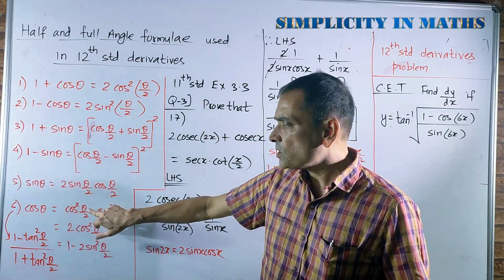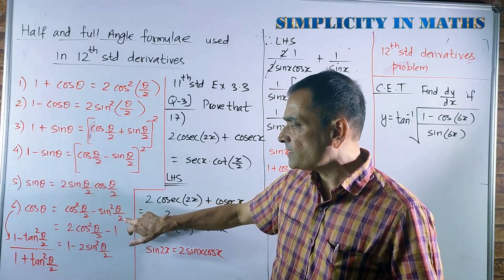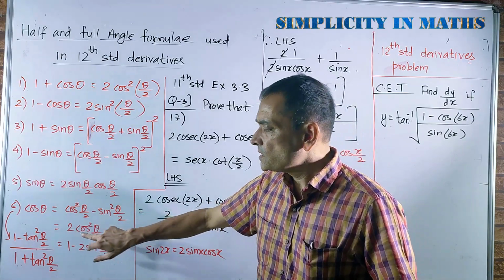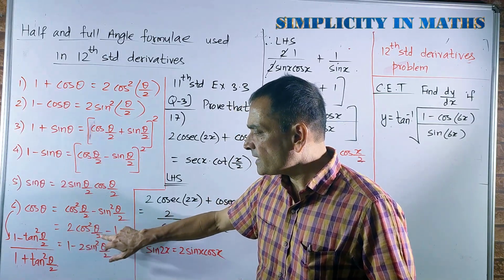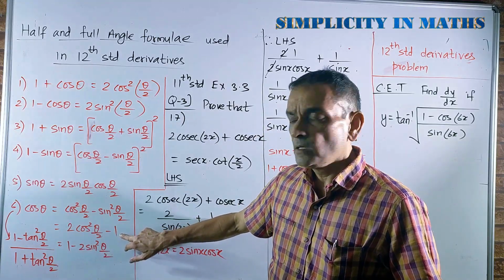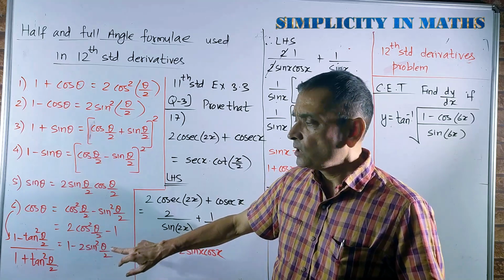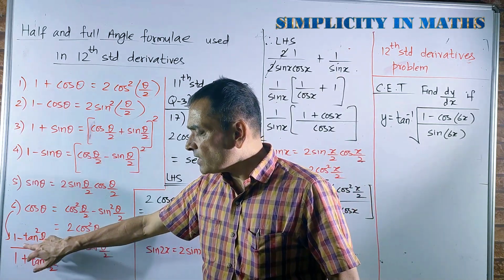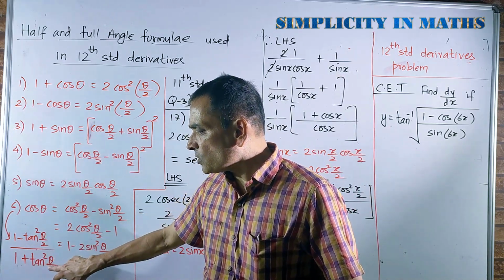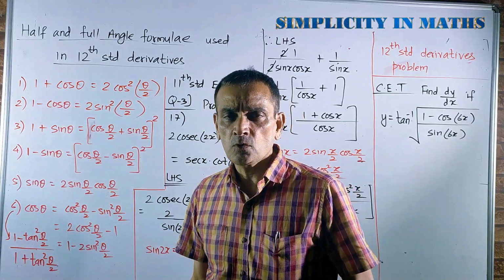First formula is cos squared theta by 2 minus sin squared theta by 2. Second formula is 2 cos squared theta by 2 minus 1. Third formula is 1 minus 2 sin squared theta by 2. And fourth formula is (1 minus tan squared theta by 2) upon (1 plus tan squared theta by 2).